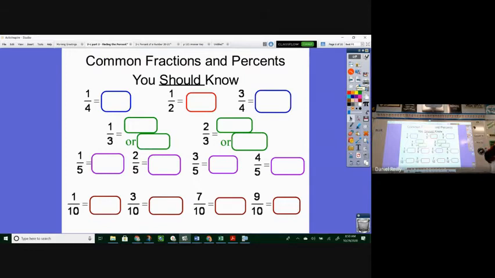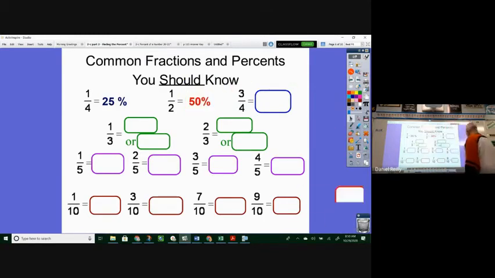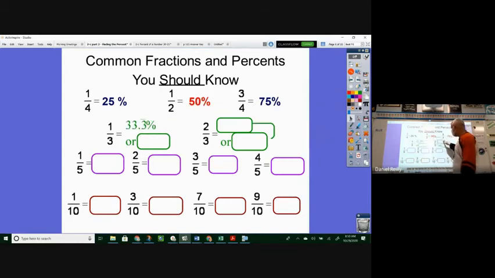Now there are some fractions and percents that you should just know. You shouldn't need your calculator for these kinds of things. 1/4 as a percent, 25%, a half, 50%, 3/4, 75%, 1/3, 33%. 33.3 repeating.